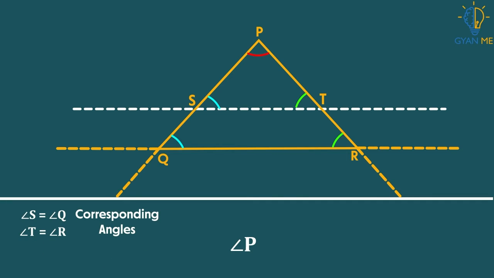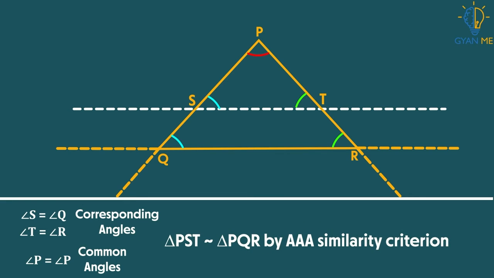And also angle P is equal to angle P because it's a common angle. Hence we can say that triangle PST is similar to triangle PQR by AAA similarity criteria.